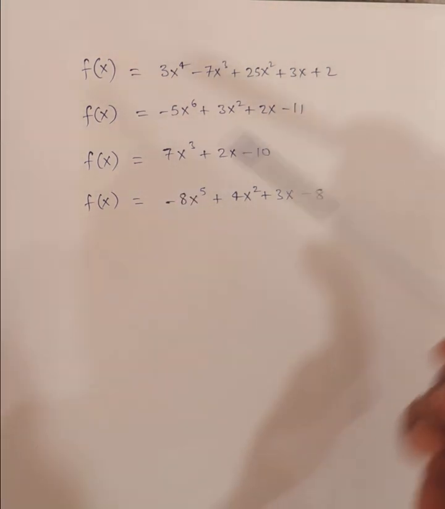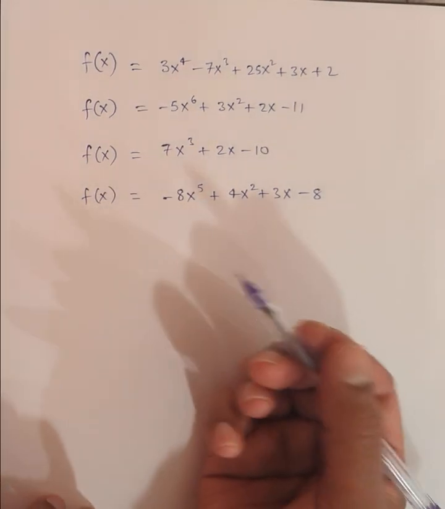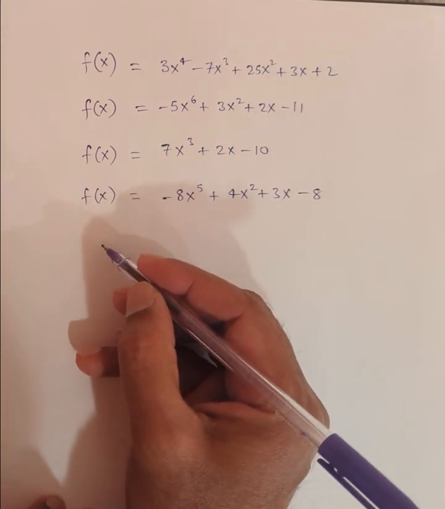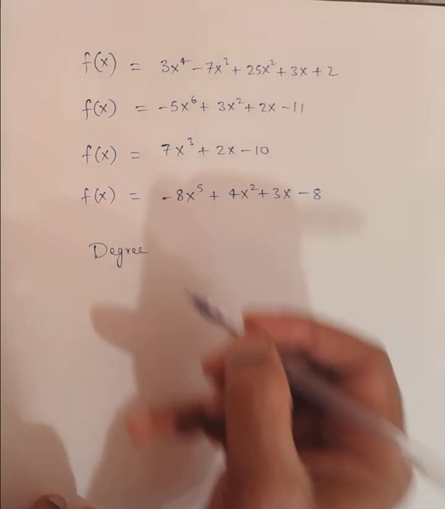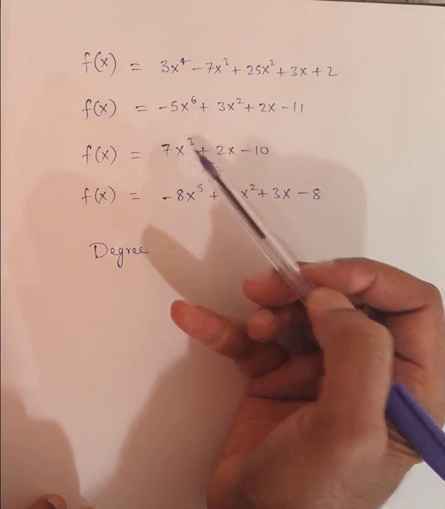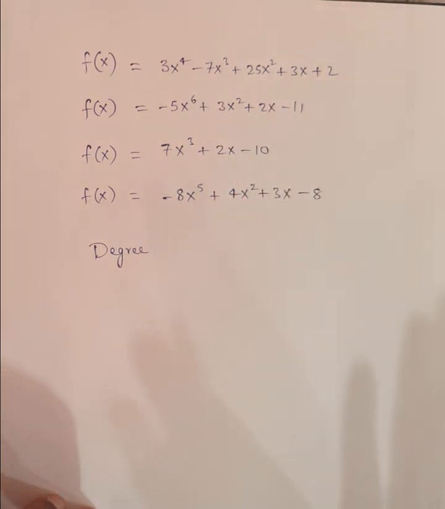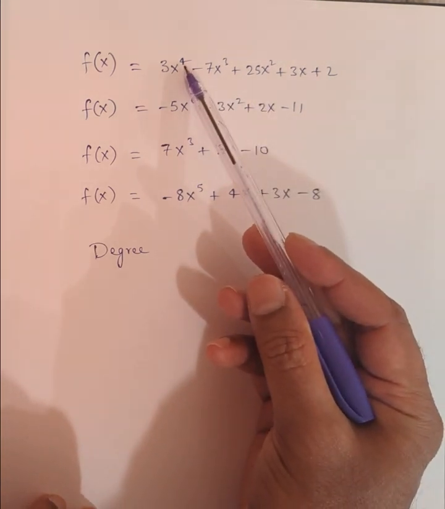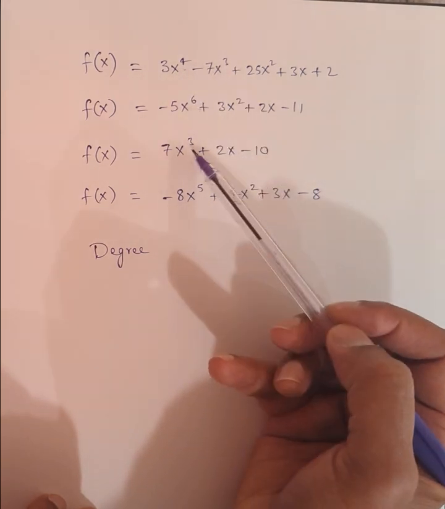Notice, when you talk about polynomials, there are two important characteristics we care about. One is the degree. Degree is that exponent, the highest power of x. The degree cannot be negative. It's a whole number, something like 4 or 6 or 3.